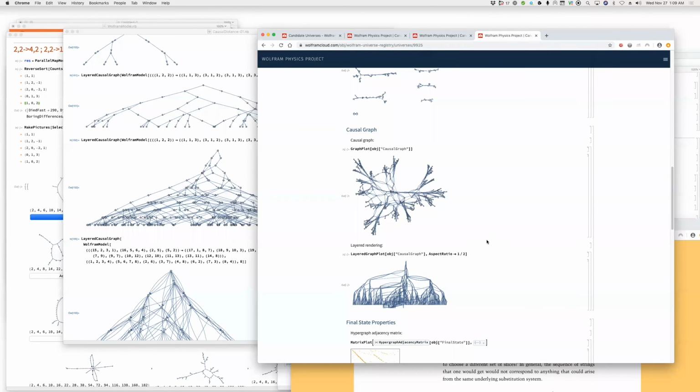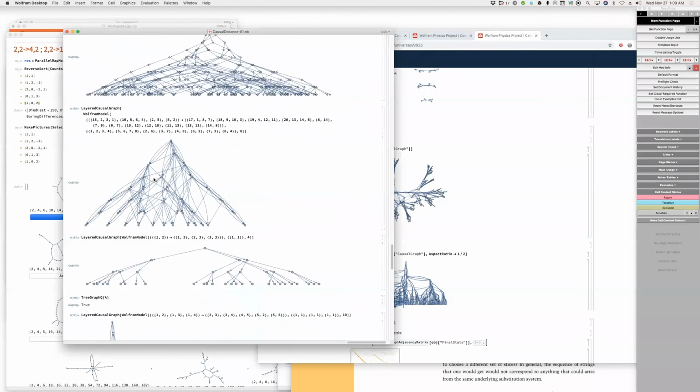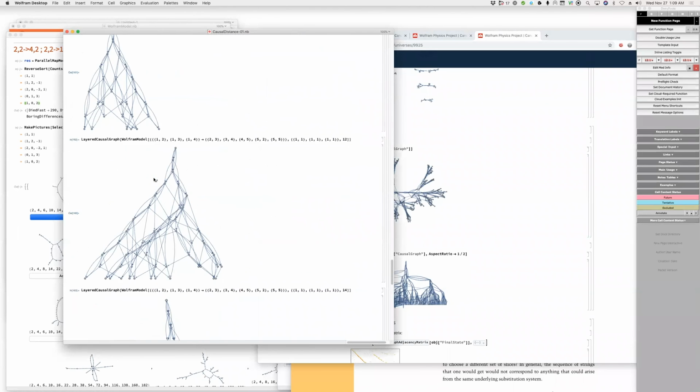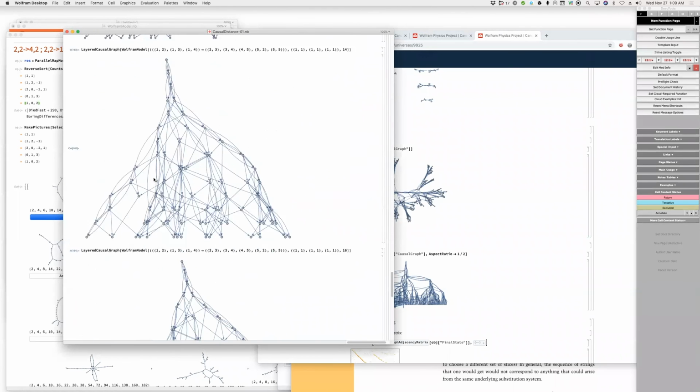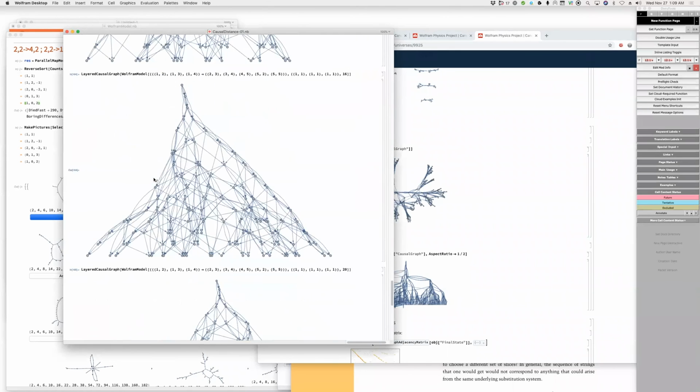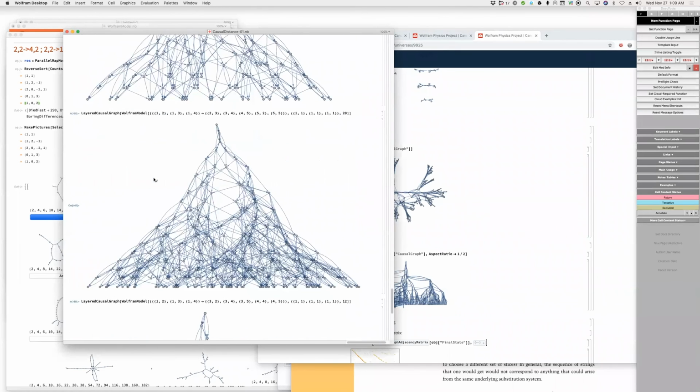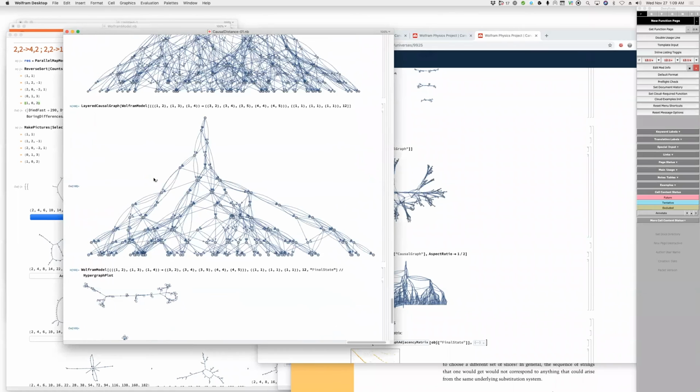And then we really need to understand, in this causal graph, if it's causal invariant, then the topology of the causal graph will be the same, but its generational layering might be different.